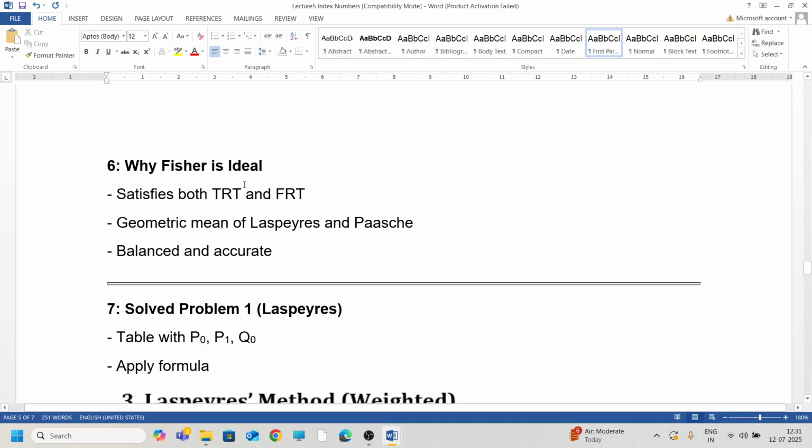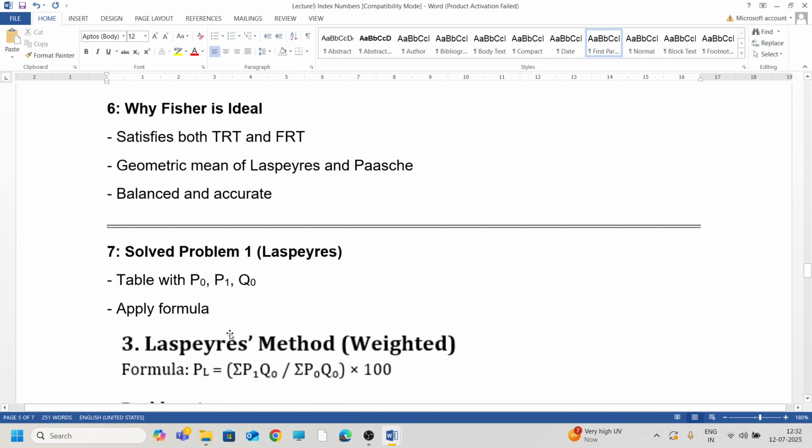So it satisfies both TRT and FRT. Okay, so that is why Fisher is ideal.